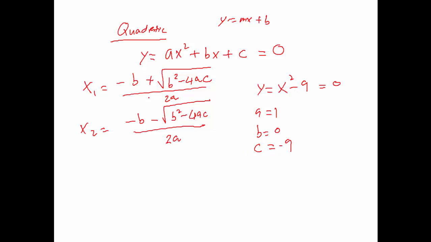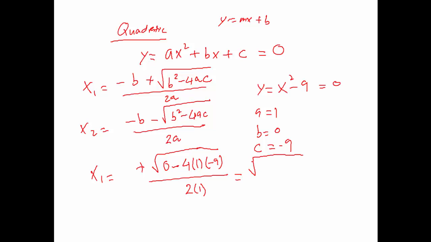Now, how do you find the two solutions? Just plug a, b, c into x1 and x2. So x1: minus b, which is -0, so nothing, plus the square root of b squared, which is 0 squared, so nothing, right? So 0 minus 4, a is 1, c is -9, okay? And divide by 2a, which is 2 times 1. So the 0 terms we don't care about.